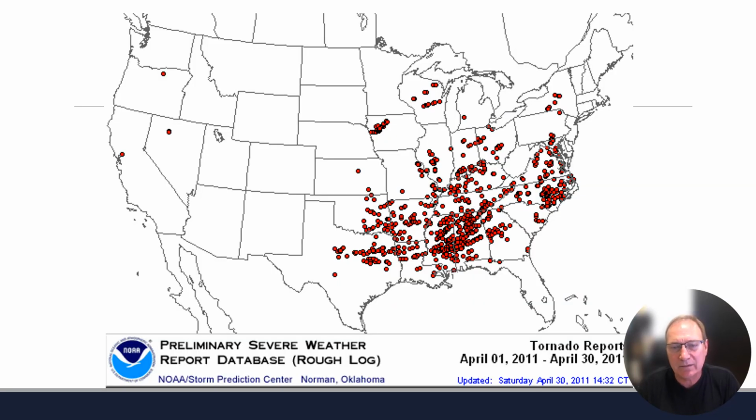So now I want to spend a little bit of time looking at what over the past 50 years was the most profound outbreak of tornadoes that we've seen in the U.S. Now this period of time is looking at April 1st of 2011 to April 30th, and actually, although this is only looking at that 30-day window, tornado season in this particular really profound series of tornadoes that we saw in April, we saw extend into May of 2011.